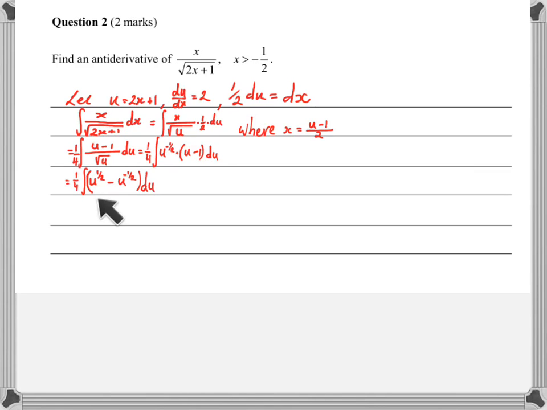There it is, and now we've got a power term expression. So we know how to integrate power terms. We add 1 to the exponent and then divide by 1 plus the exponent for each term. There we go. And plus c at the end, of course, because it's an indefinite integral.